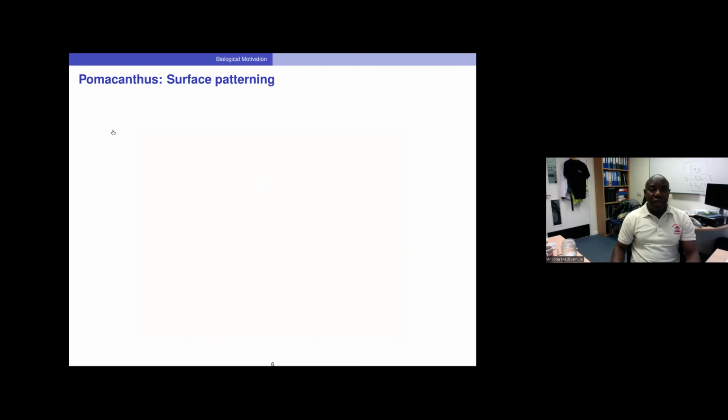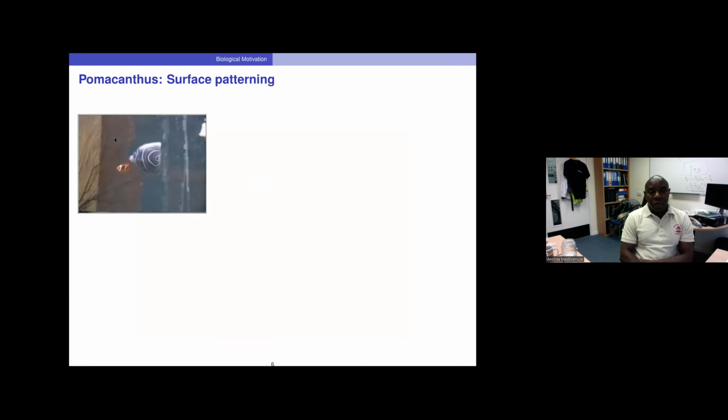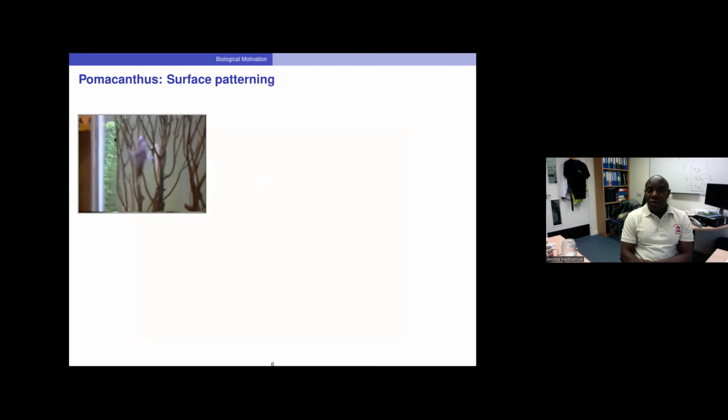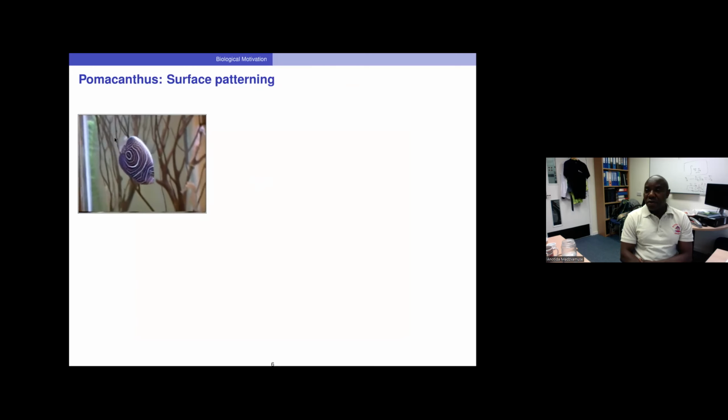I have here a movie, again from Kondo, again a Pomacanthus fish. Let's assume we leave this fish in a tank and we go on holiday. We're almost at summertime now for all of us. We might go on holidays, maybe 1 month, 2 months.